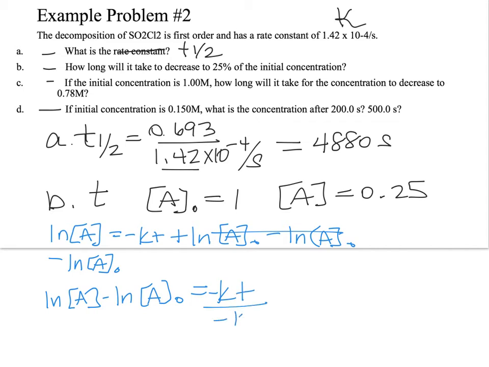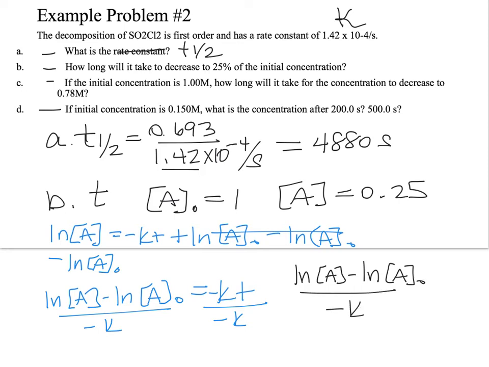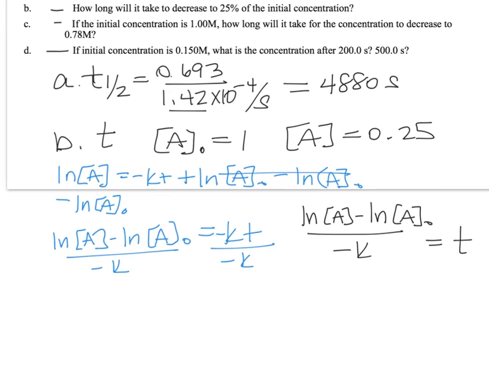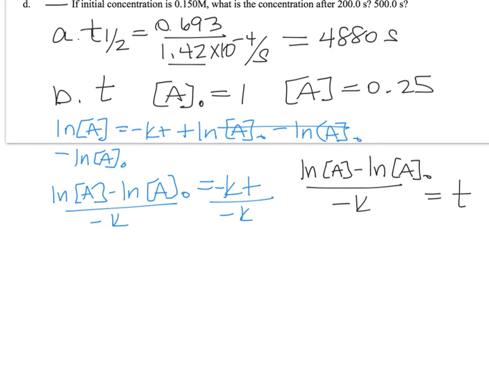So I'm going to divide both sides by negative k. And I get this form of the problem: ln A minus ln A sub 0, over negative k, is equal to t. All right, so I need to move this up a little bit. Let me do that real quick and continue with the problem.